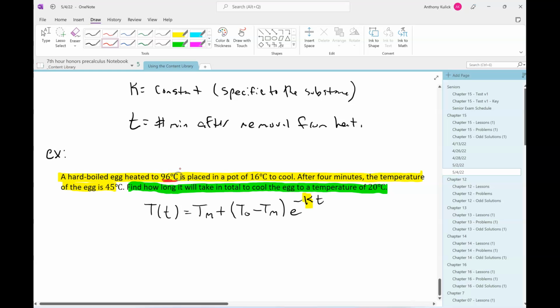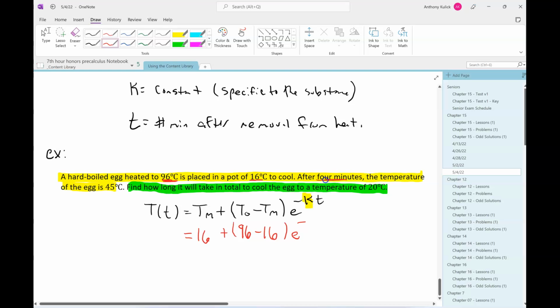Let's figure out where we're going to put these. Where does the 96 go? That's T naught. That's the temperature of the stuff when it's heated up. Where's the 16 go? That's Tm. That's the temperature of the surroundings.